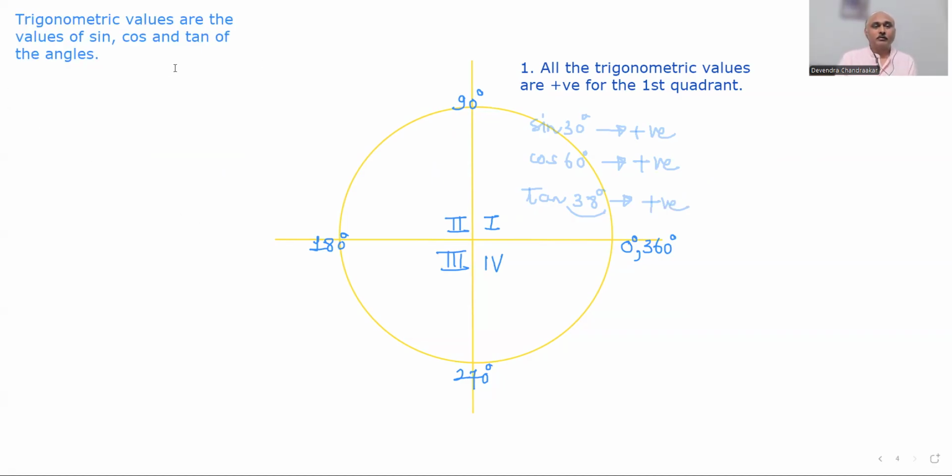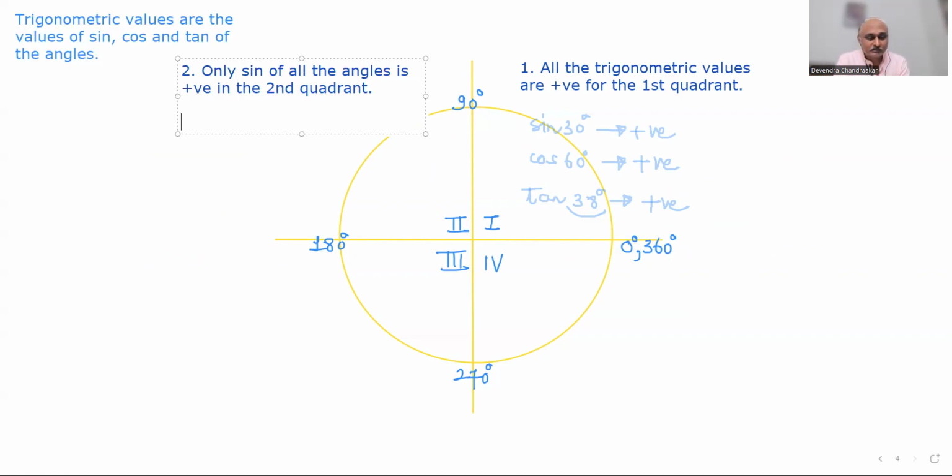Right? Now comes the second quadrant, the attribute for the second quadrant. In the second quadrant, only sine of all the angles is positive in the second quadrant.